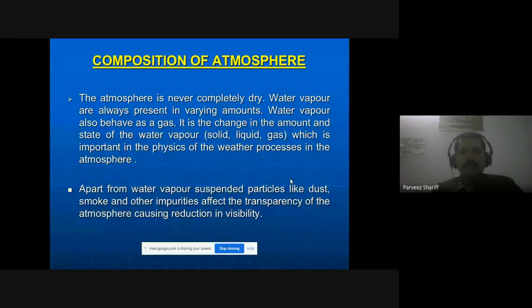Along with these water vapors, there will be small minute suspended particles like dust, smoke, and other impurities mixed together, and this will affect the transparency of the atmosphere. It means the visibility of the atmosphere may be reduced by these small suspended particles like dust and smoke.